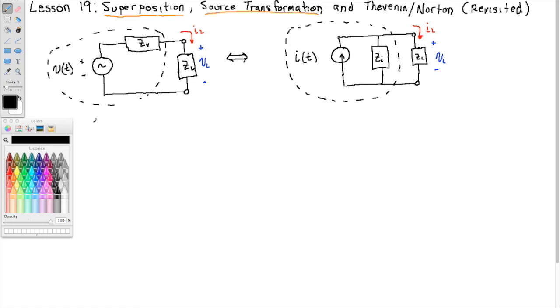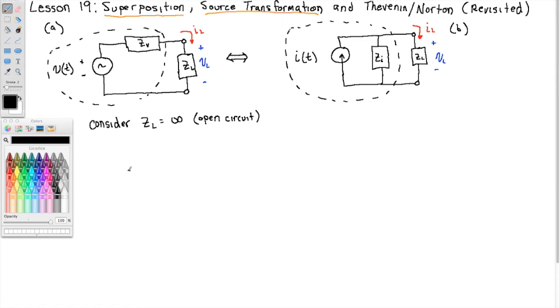Alright, so now consider a very special load impedance. Consider ZL equals infinity, an open circuit. I'm going to call this picture A. I'm going to call this picture B, so I can reference them.